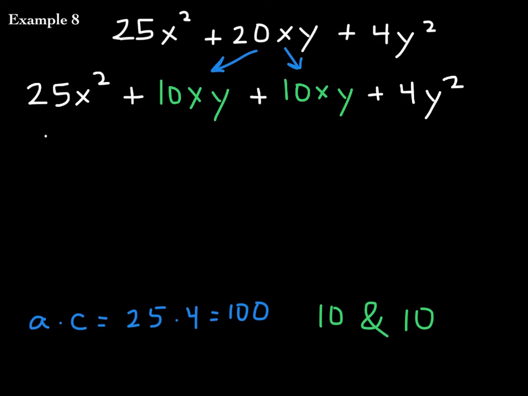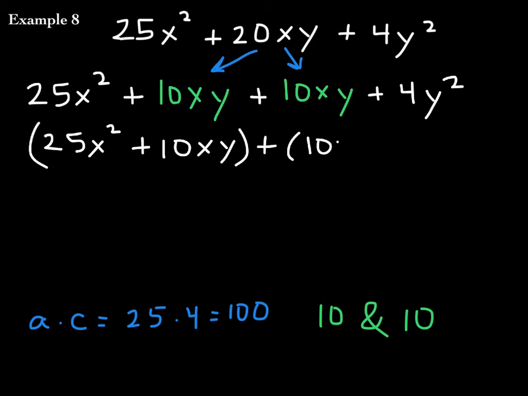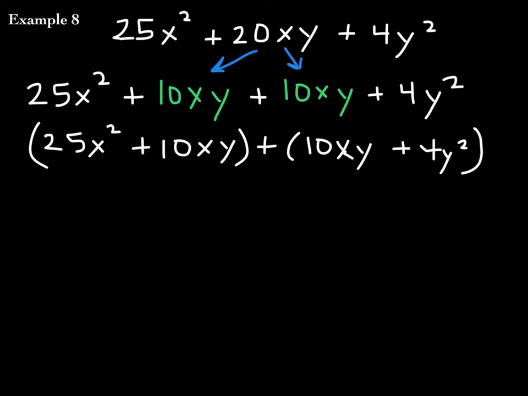We can do 25x squared plus 10xy in the same group, of course, and then plus 10xy plus 4y squared in the other group. Okay, now factor out the GCF from each of these groups. The GCF in the first group is 5x, leaving you with 5x plus 2y.